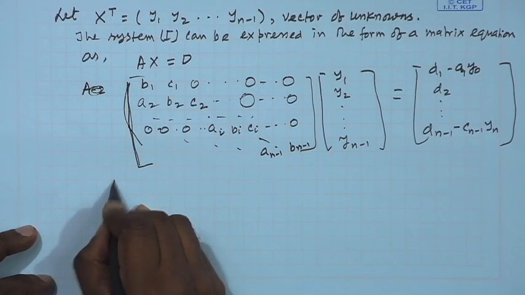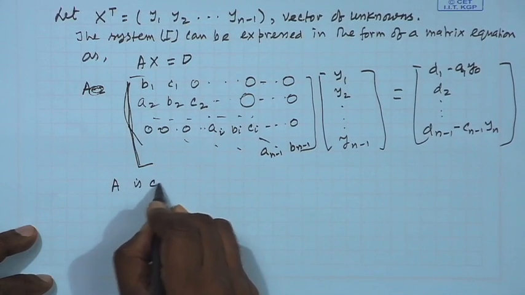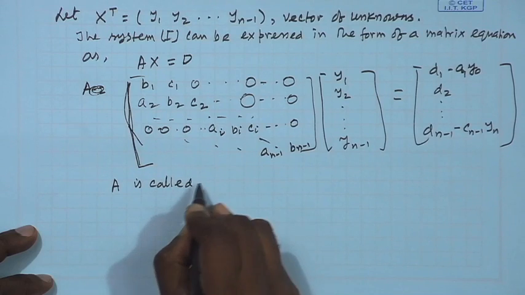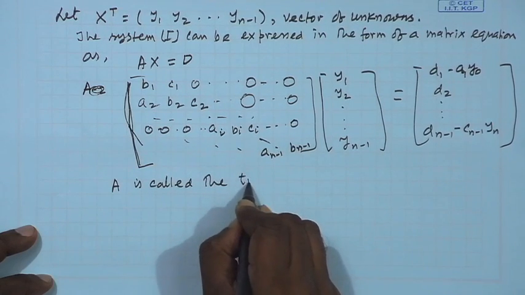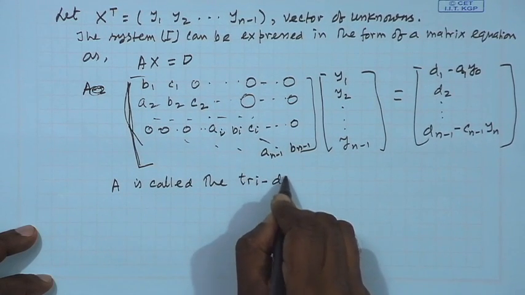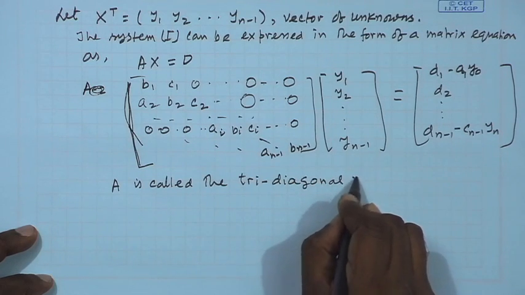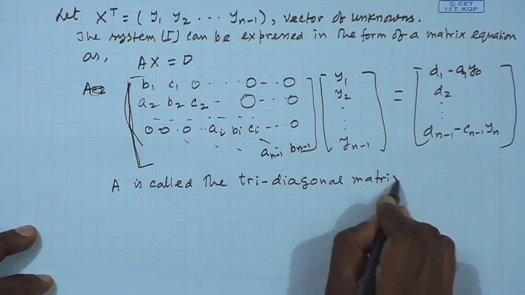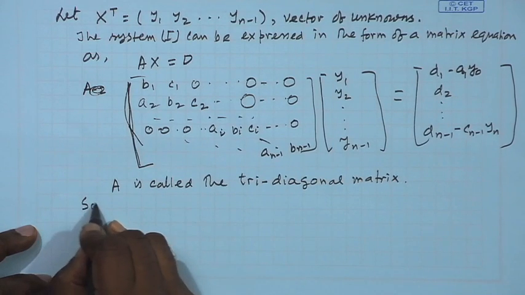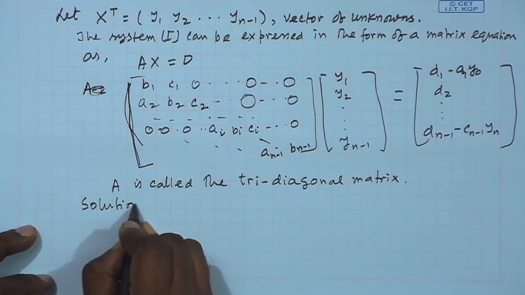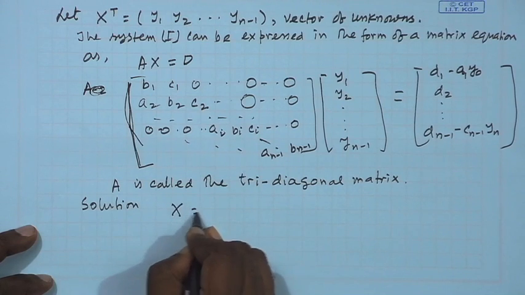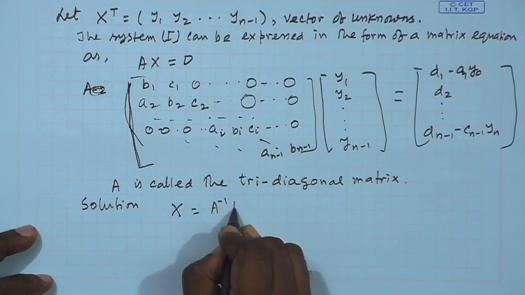This kind of matrix A is called a tridiagonal matrix. The solution we are looking for is x equal to A inverse t.